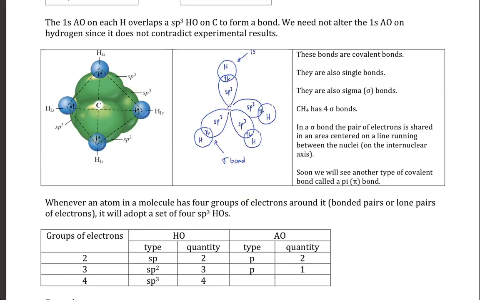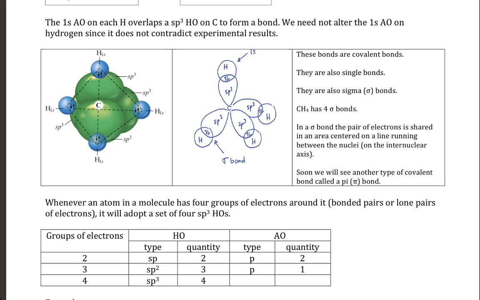The 1s atomic orbital on each hydrogen overlaps an sp3 hybrid orbital on carbon to form a bond. We need not alter the 1s atomic orbital on hydrogen since it does not contradict experimental results.